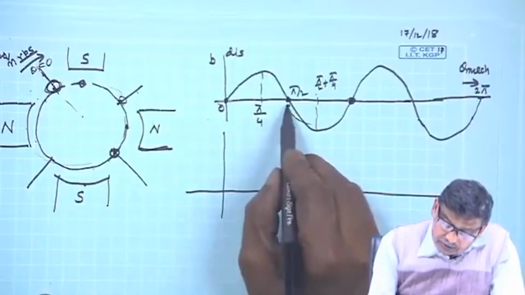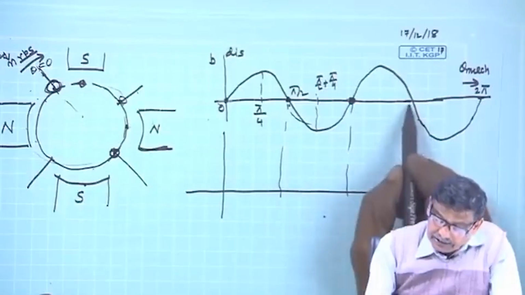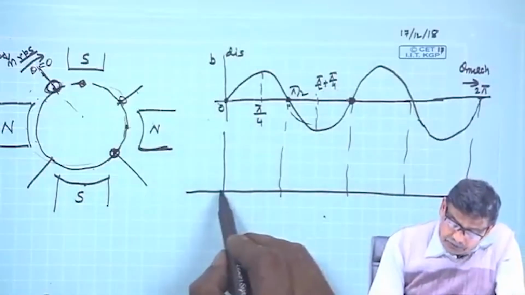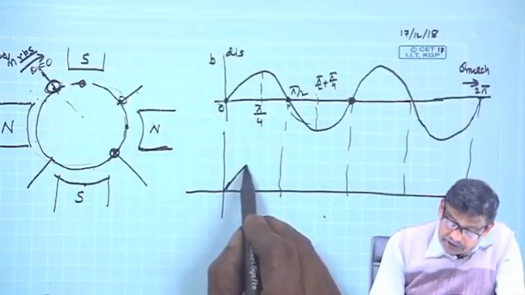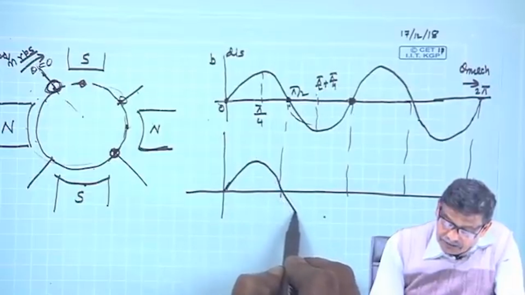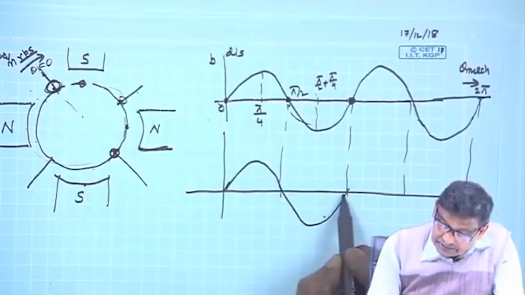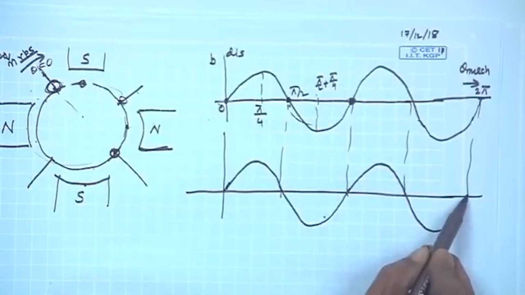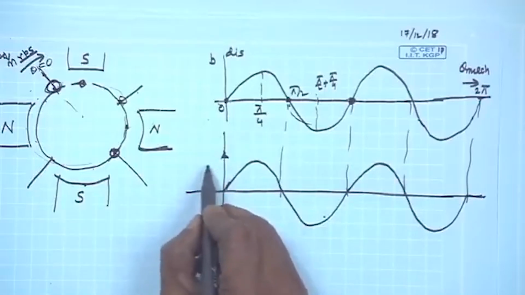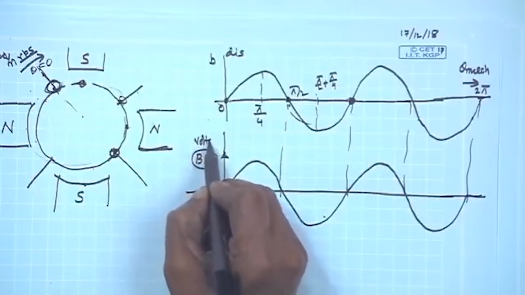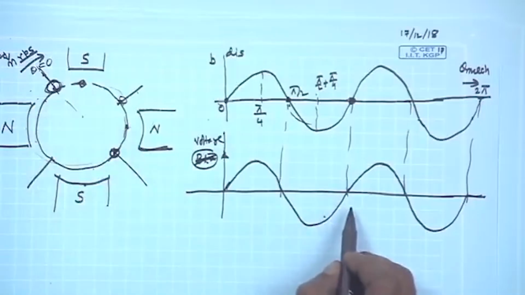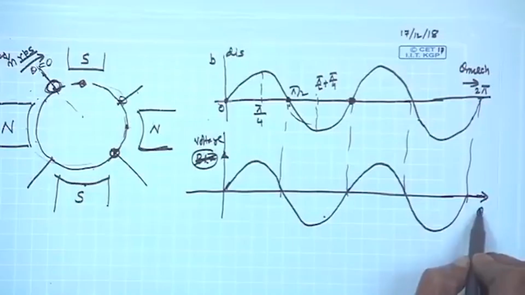The question is, your conductor does not know all these things. It only knows whatever B is there above it, that will be the voltage. So, the conductor will also generate voltage like this. So, this is the voltage of a single conductor, and this angle is theta electrical.